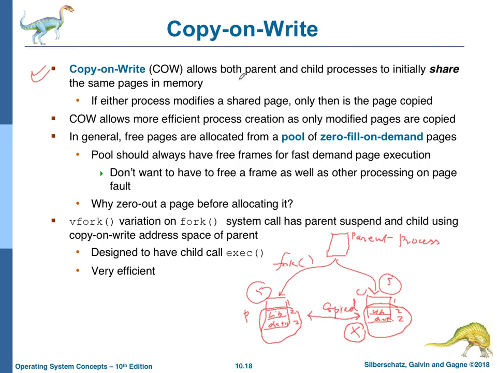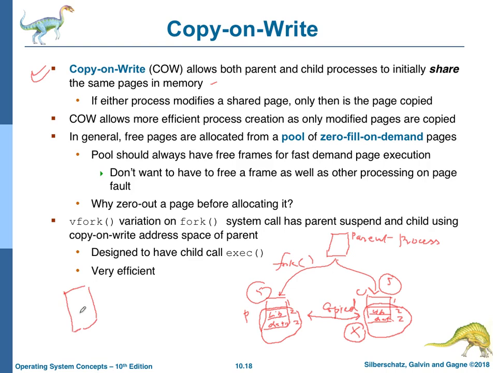Copy on write allows both parent and child process to initially share the same page in the main memory. It means that we will not copy the exact pages, but only create some references, right?